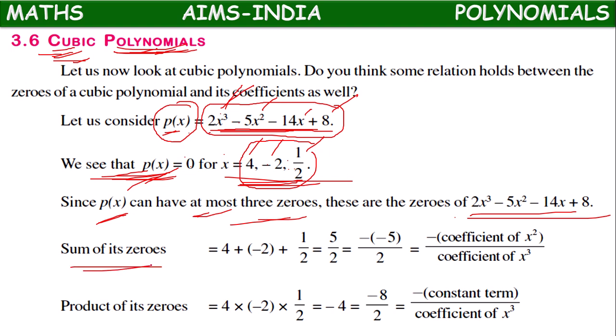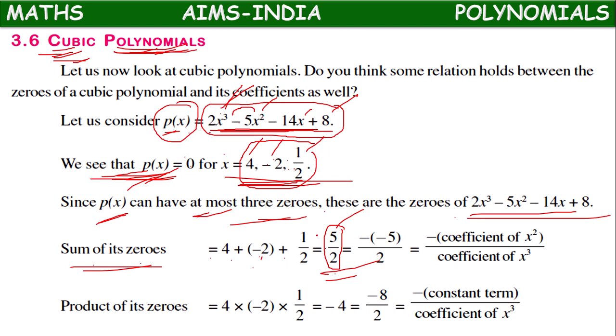So let's take the sum of its zeros: 4 plus minus 2 plus 1 by 2. 4 minus 2 is 2, 2 plus 1 by 2 is 5 by 2. We got 5 by 2. If we relate the sum of zeros to the coefficients, we have minus 5 here.